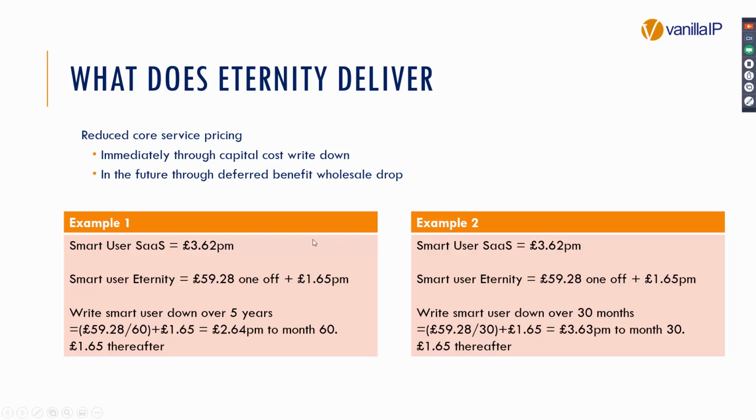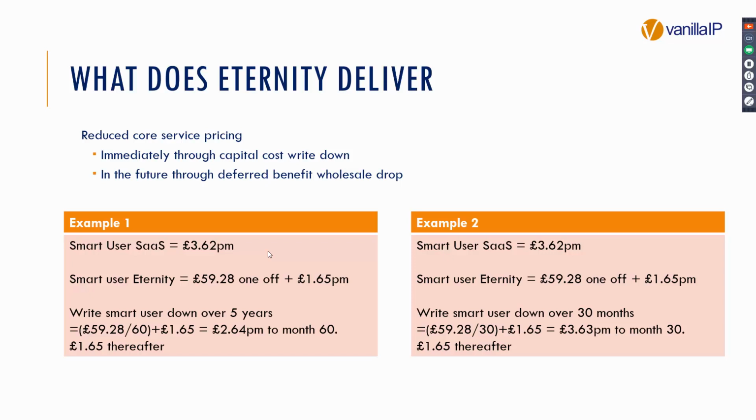So I'm going to use the Smart User, which is the core license, as I keep saying. The SaaS price for that, the month-by-month price for that is 362 pence, or £3.62. The Smart User eternity value for that is £59.28. So a single capital charge of £59.28 is then followed by a monthly maintenance charge of £1.65.